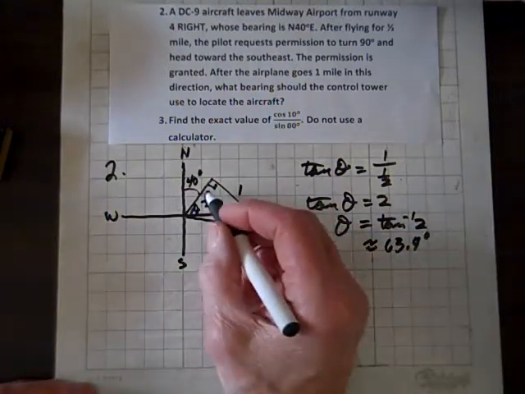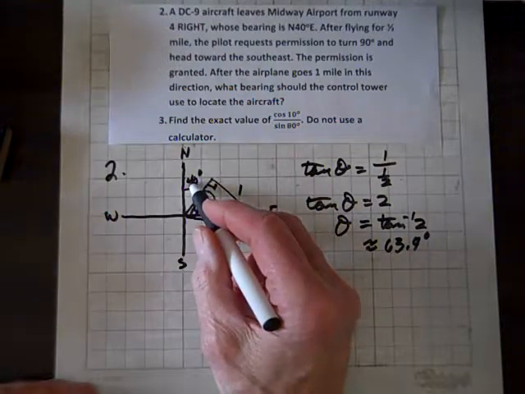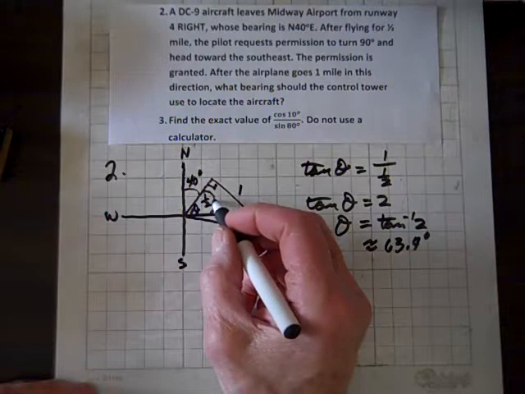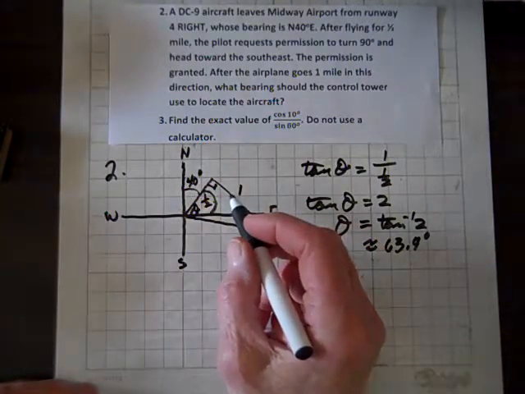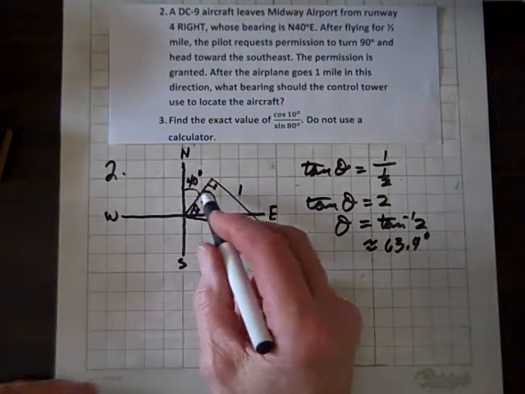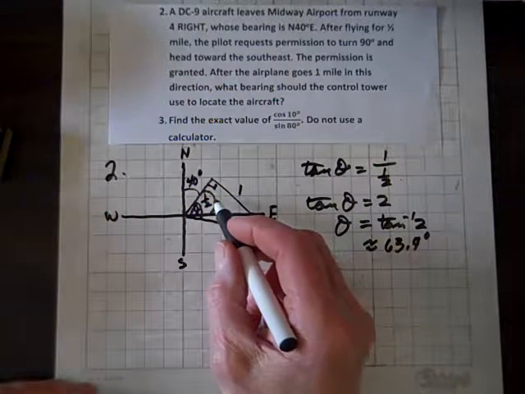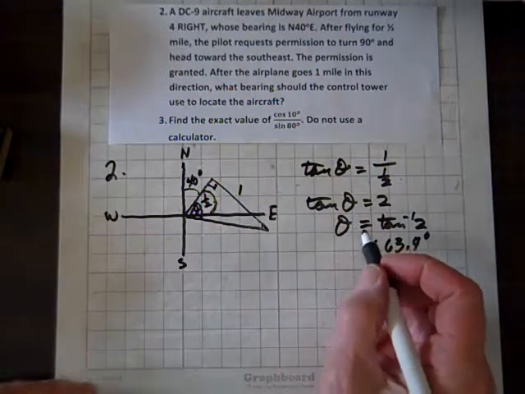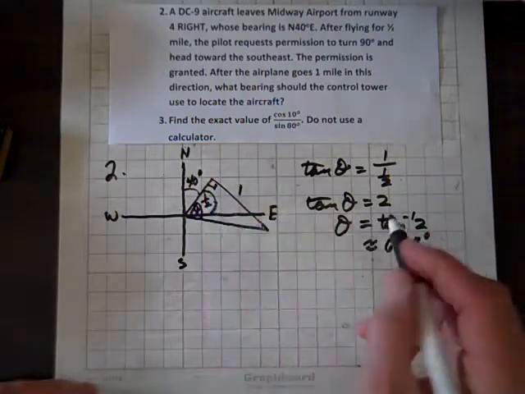Okay, well notice this angle right here is 50 degrees because 40 degrees plus 50 degrees is 90 degrees. And these two have to add up to 90. So then the measure of this angle is going to be 63.4 degrees minus that 50 degrees.